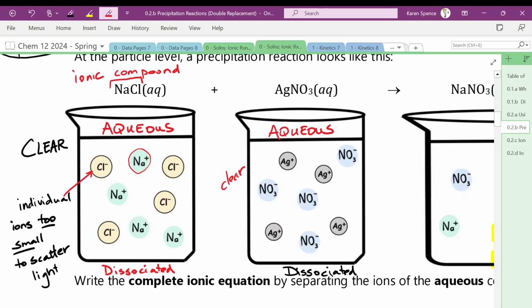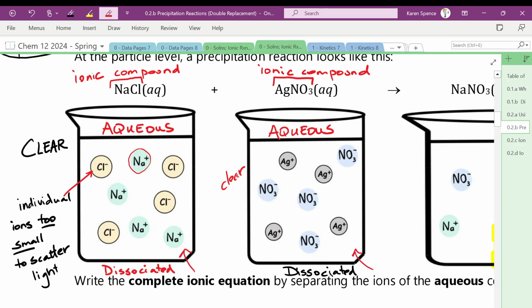So anytime you have a double replacement reaction, you're going to have an ionic compound. And what's that? AgNO3. It is an ionic compound because it's got a metal and a polyatomic ion. So you will always have two ionic compounds, and ionic compounds are always made of, guess what? Ions. Yes? So you can see the ions here and you can see the ions here.